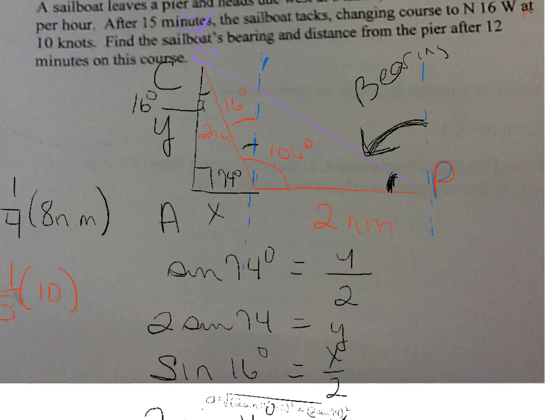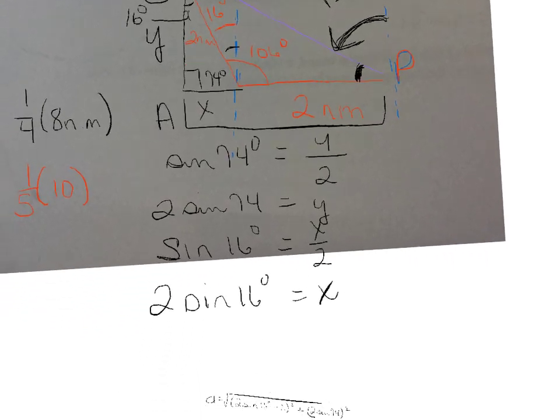Okay, we have a value for y, and we have a value for this side. What trig function could I use to find, we'll just call this angle P? Tangent. Okay, so I'm going to move this up a little bit.